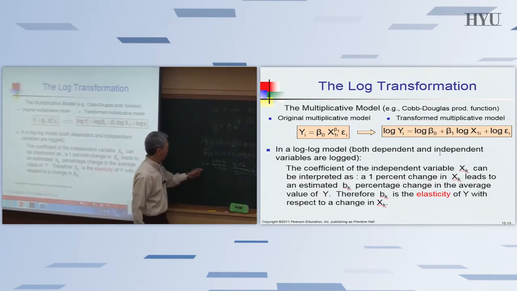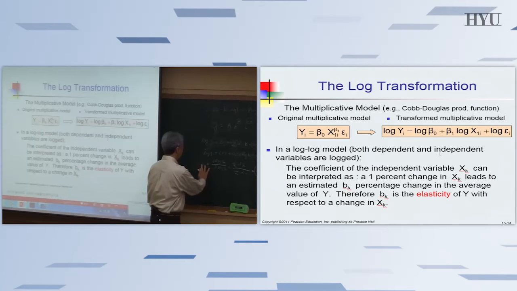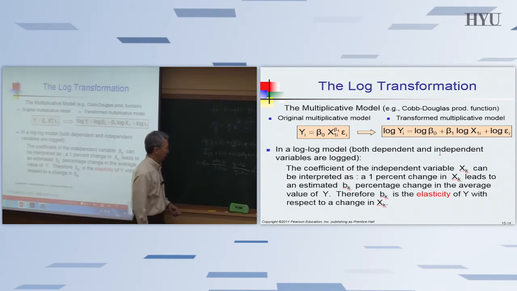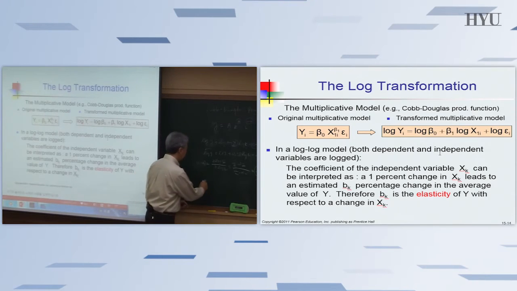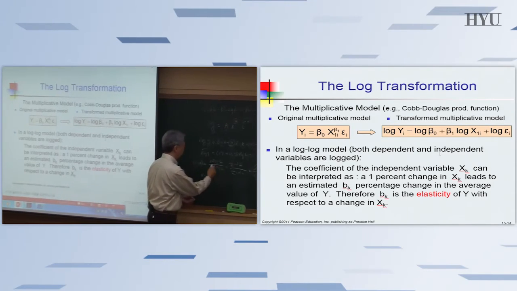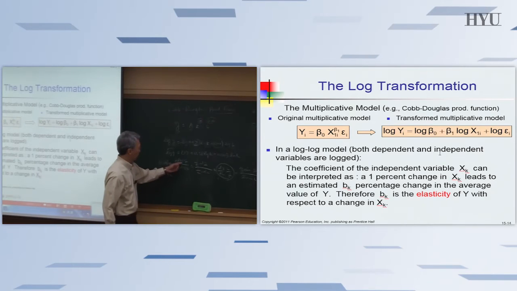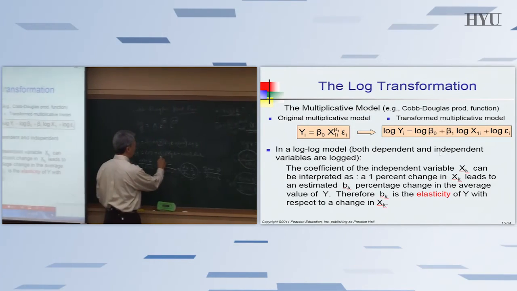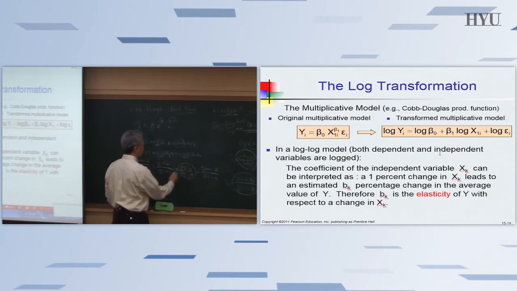You can do it either way, 1 minus alpha, whatever. Or alpha would be the partial of log y with respect to log k. Anyway, they came up with 0.38 and 0.603 here.